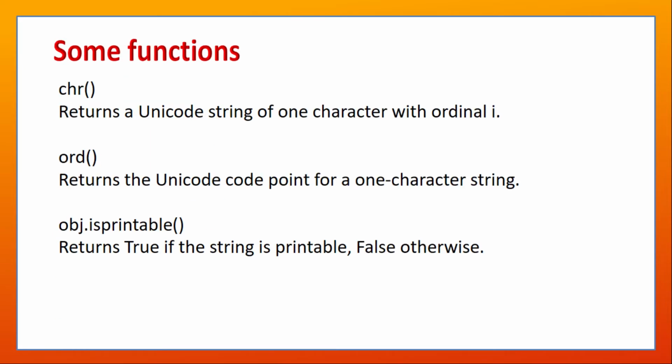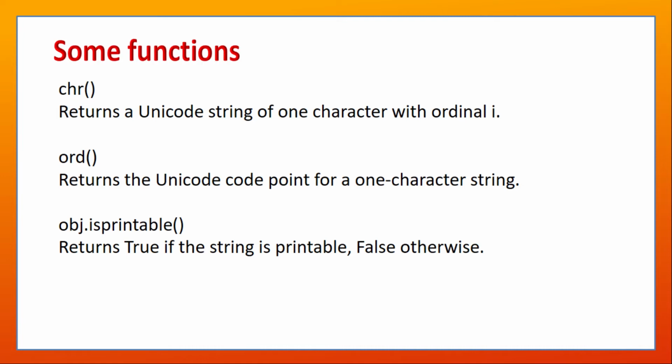Some library functions which are useful in this context are chr, which returns a Unicode string of one character with the given ordinal value i. ord, this function returns the Unicode code point for a one character string. String object dot isprintable.